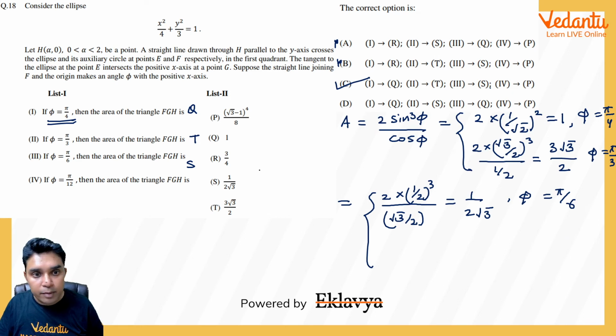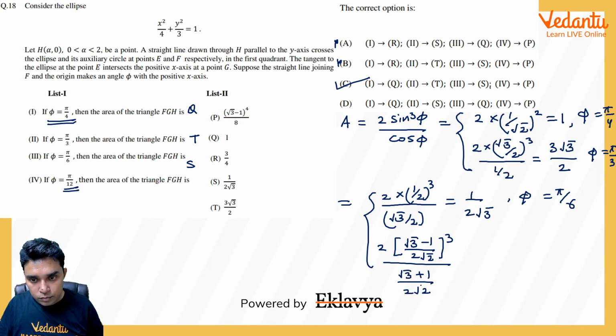Now when phi becomes pi by 12, which is 15 degree. Okay, so you must remember the value of sine 15 degree, which is (root 3 minus 1) upon 2 root 2, and whole divided by cos 15, which is (root 3 plus 1) upon 2 root 2. Okay, so here it will become (root 3 minus 1) power 4.